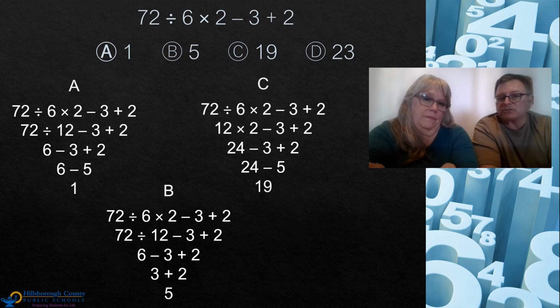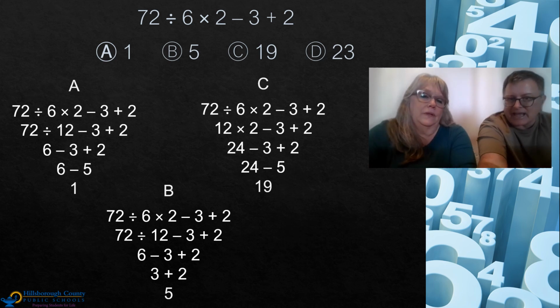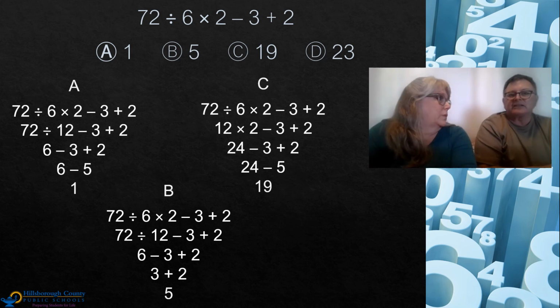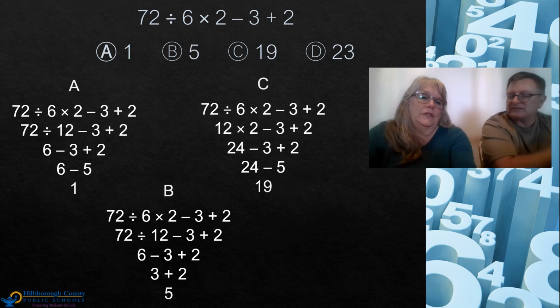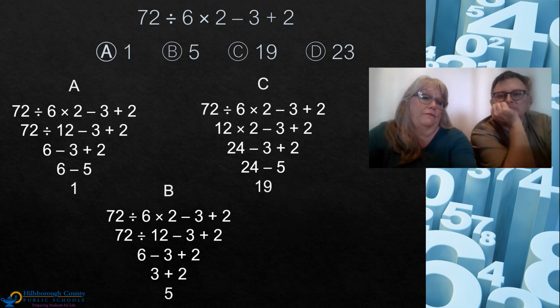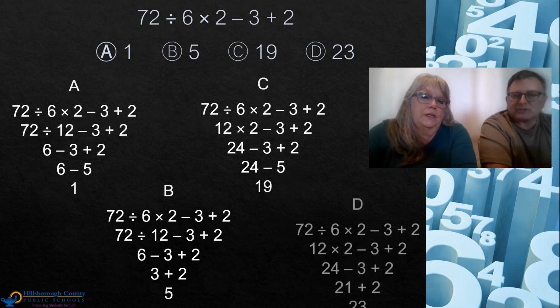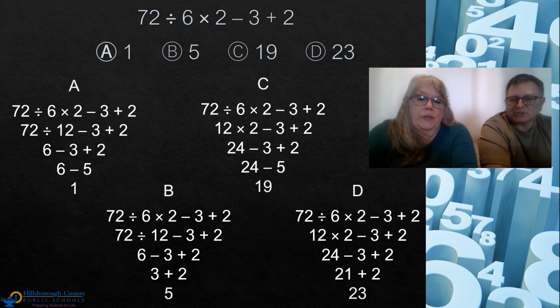They multiplied 12 and 2. They got 24. They should have taken 3 away from the 24. What they did is they added 3 and 2 again. Correct, kind of like what they did in A. Yes. So they fixed one mistake from A, but kept the other mistake. Yes. And D is the correct solution.